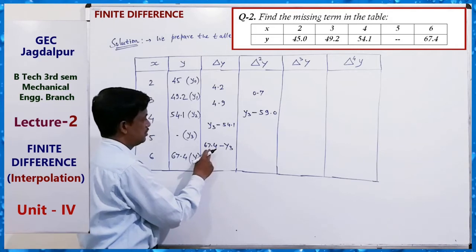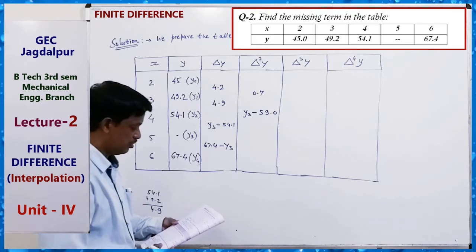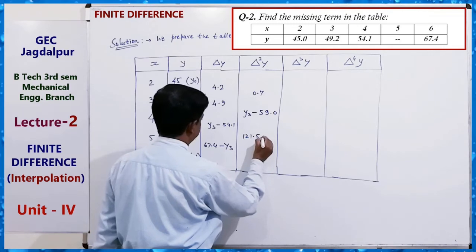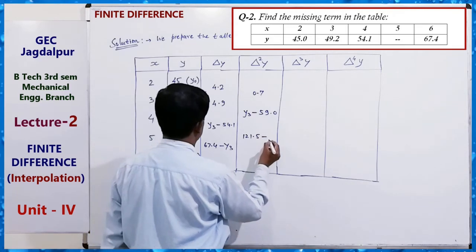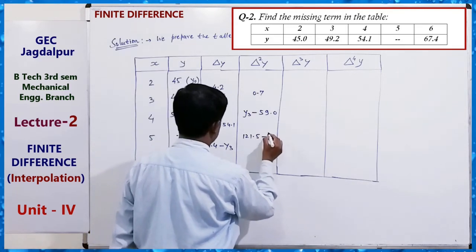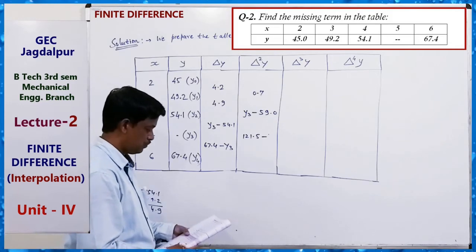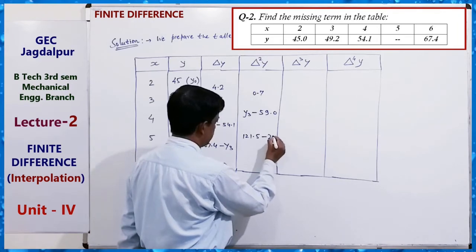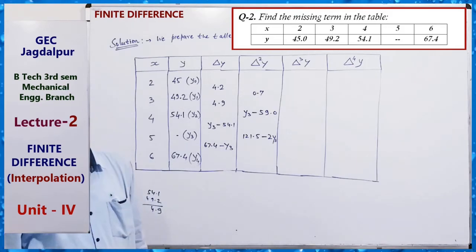Now here this minus this means this plus, so 1 to 1.5 minus y3, minus 2y3, since minus minus becomes plus.